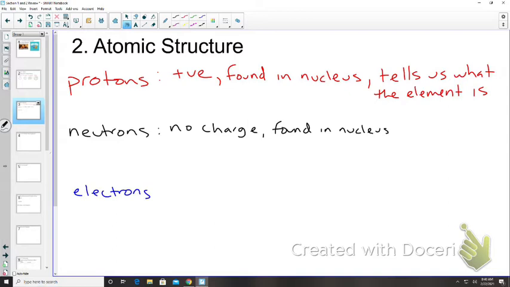But what will neutrons tell us? What are neutrons related to? The mass number, right? Good. We can find the number of neutrons by subtracting: mass number minus atomic number. Good.